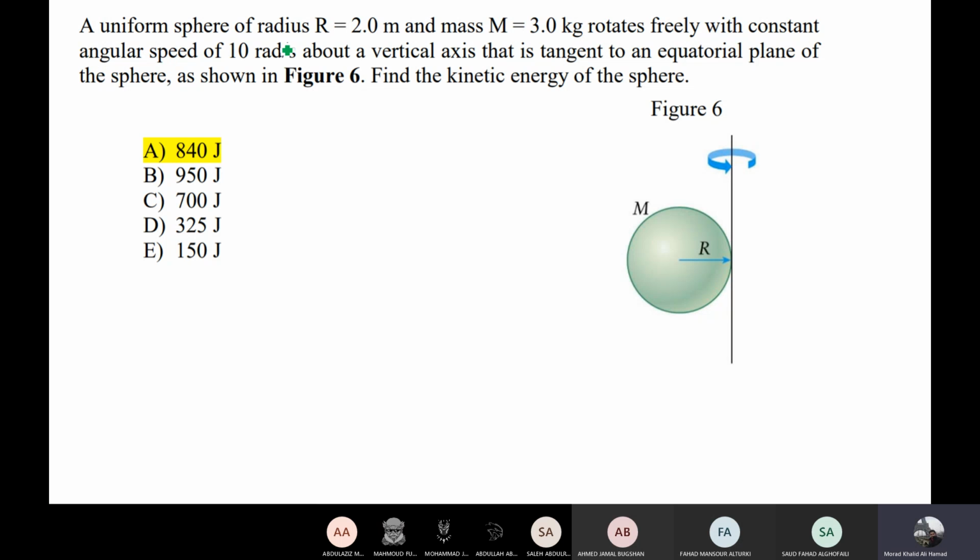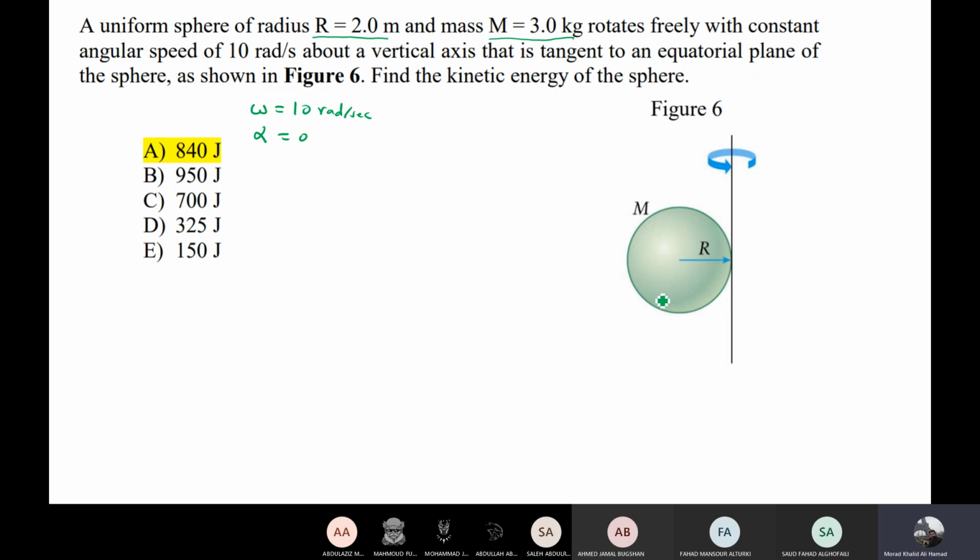Here, a uniform sphere of radius 2 meters and mass 3 kilograms rotates freely with constant angular speed omega equal to 10 rad per second, which means alpha is equal to 0, about a vertical axis that is tangent to an equatorial plane of the sphere, as shown in the figure. Find the kinetic energy of the sphere.